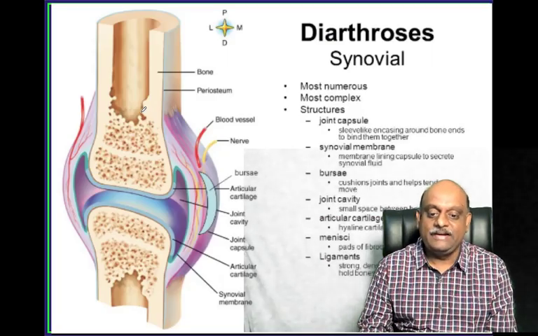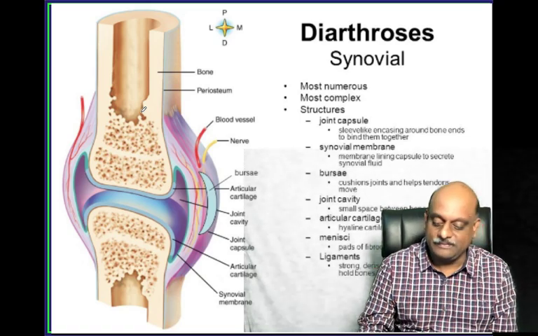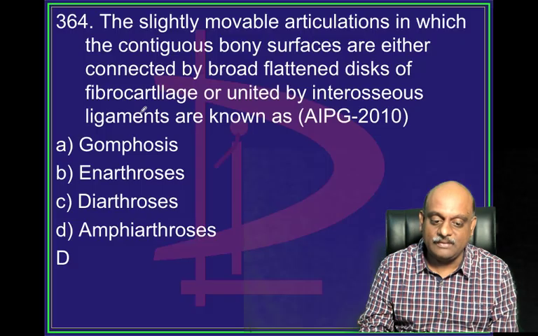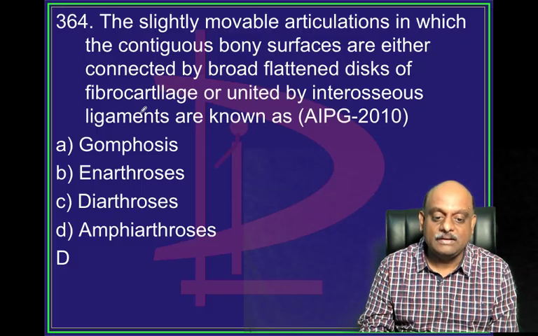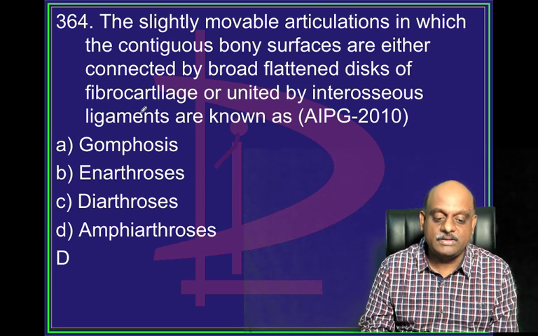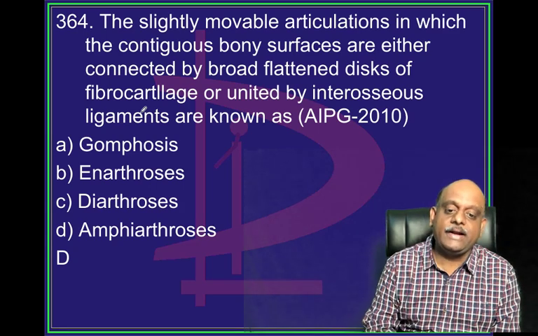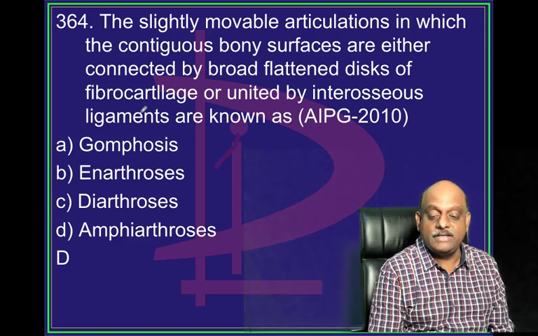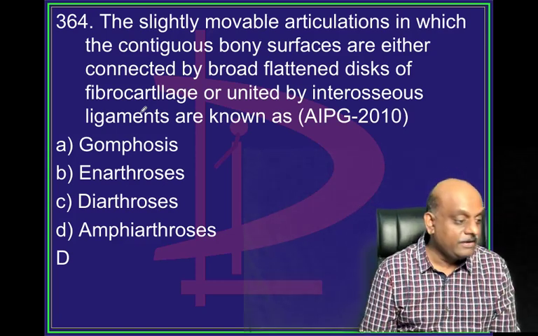Doctor, diarthroses are typically synovial. Sorry, it is: flattened discs are either connected by a broad flattened disc of fibrocartilage or united by an interosseous ligament.